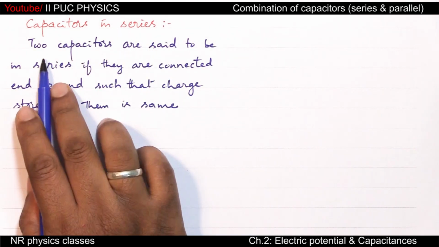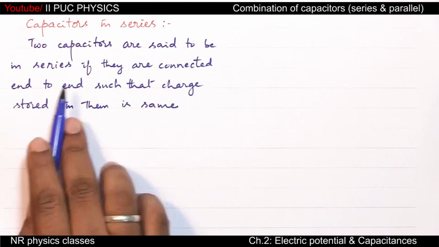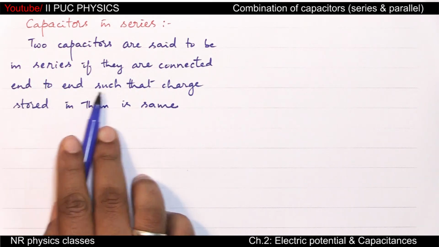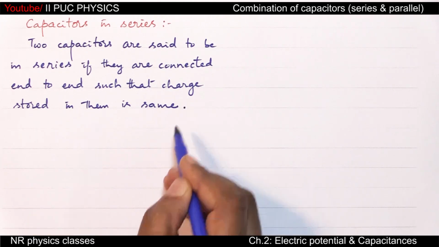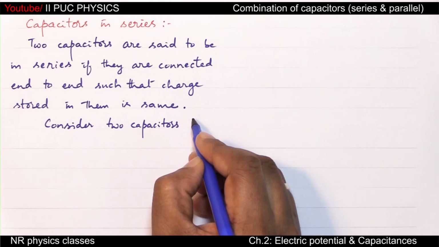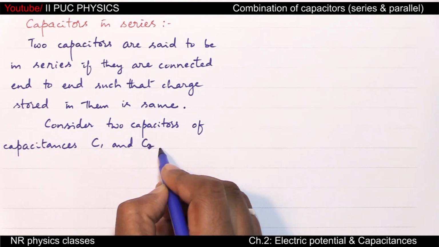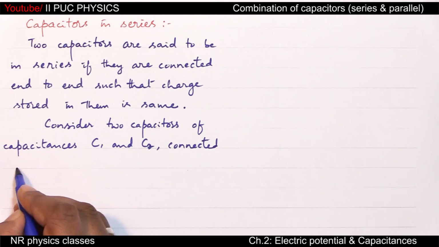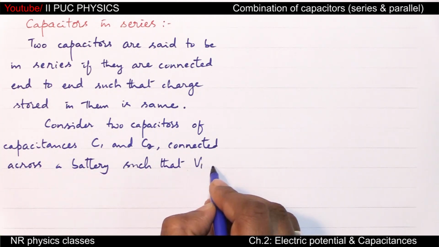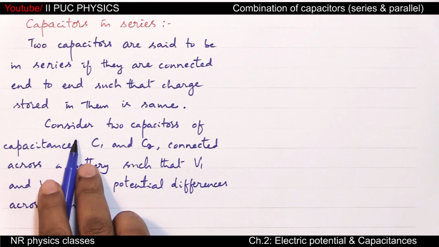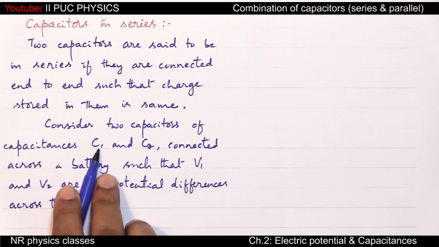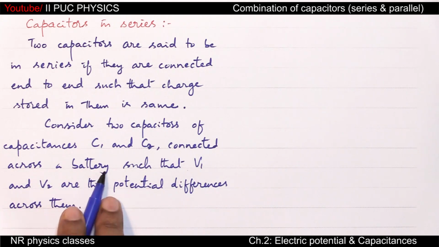Capacitors in series. Two capacitors are said to be in series if they are connected end to end such that the charge stored in them is the same. Consider two capacitors of capacitances C1 and C2 connected across a battery such that V1 and V2 are the potential differences across them.